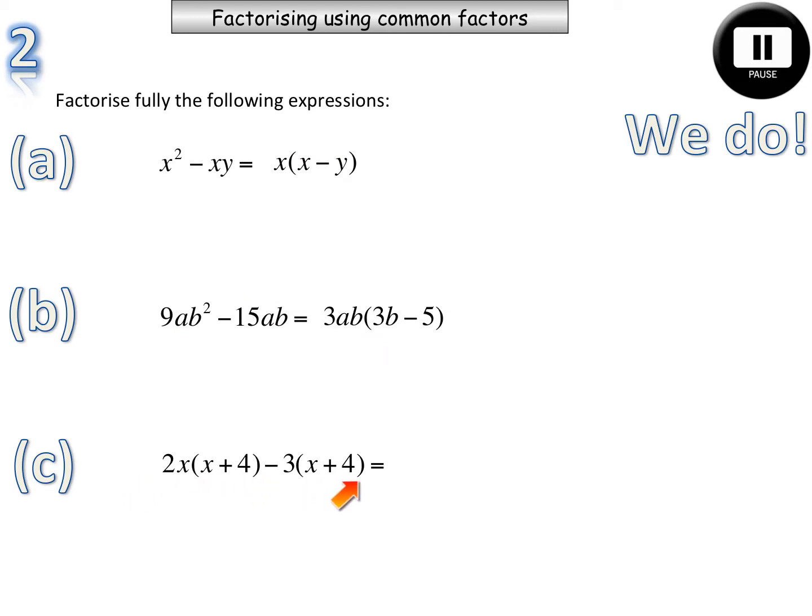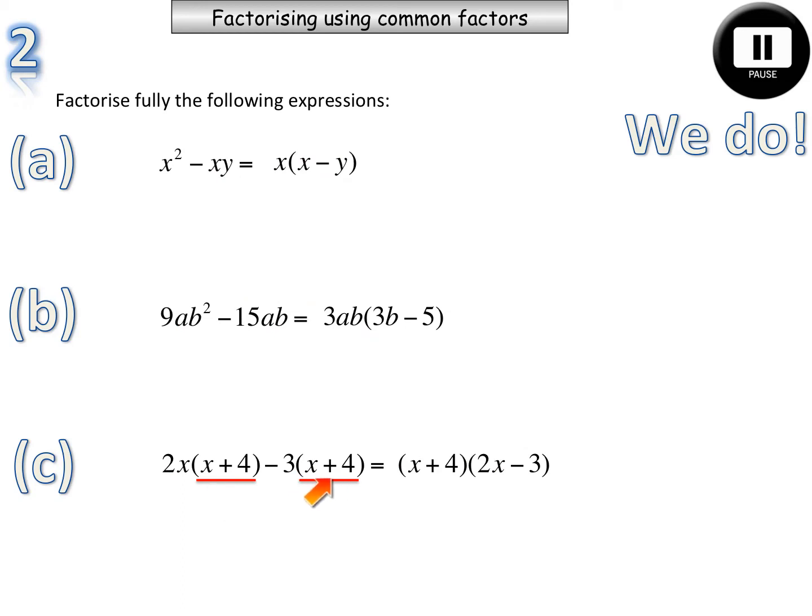In this expression, you think to yourself, what is common? Okay, here's your answer, and this is how we do it. x plus 4 is common in both expressions. So x plus 4 is brought out the front. x plus 4 multiplied by 2x is 2x, x plus 4.